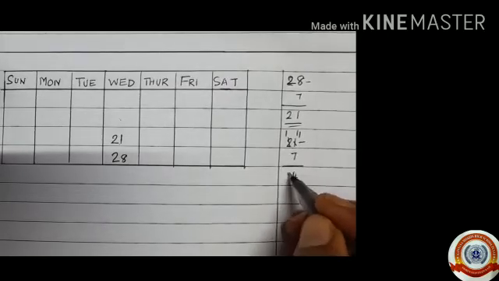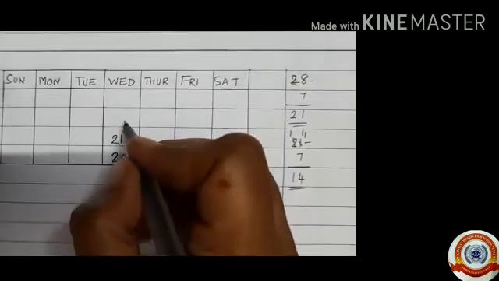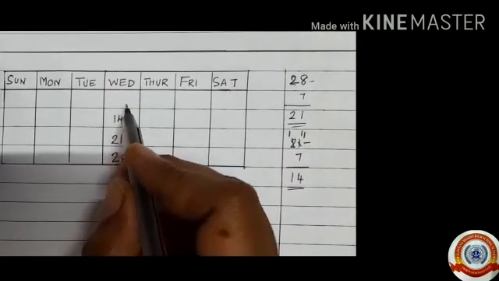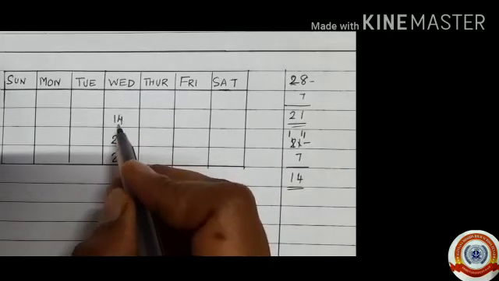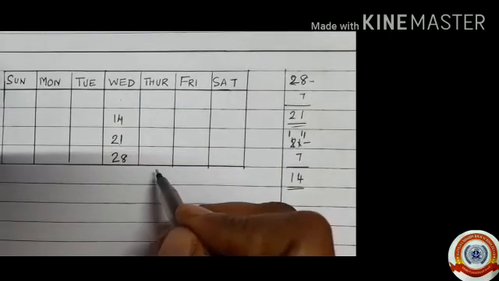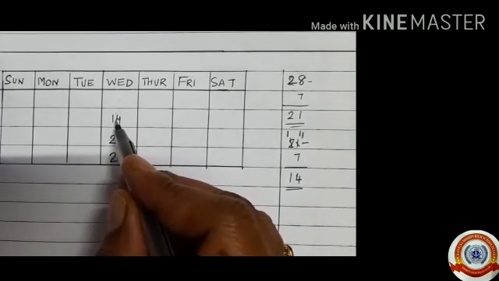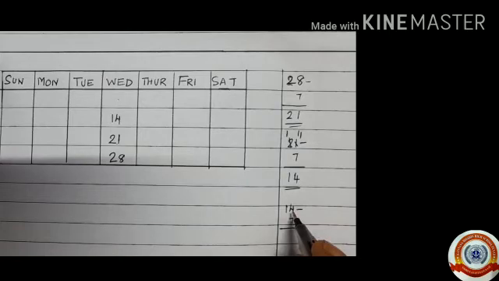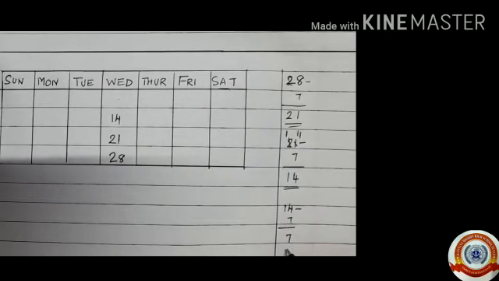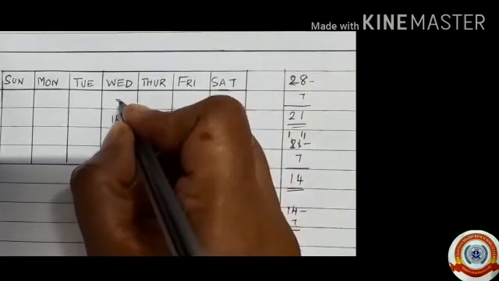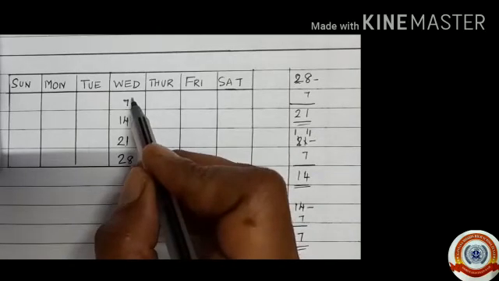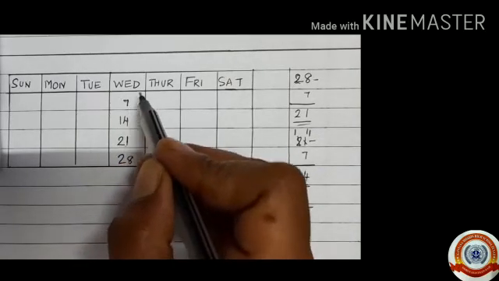And this 1 is to be placed here. 14. Again, to find the last Wednesday from 14, subtract 7 from 14. That is 14 minus 7, 7. The 7th of this month is Wednesday.